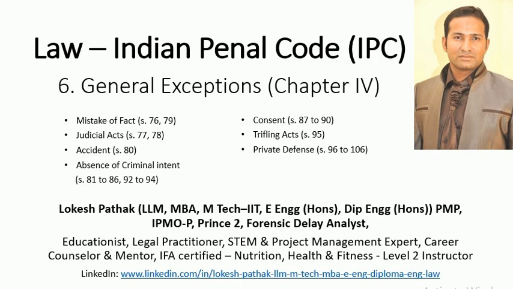So if a minor less than 7 years of age does an act, it is no offense. Section 83 says that a child between 7 and 12 years of age, if he has not attained sufficient maturity to judge the nature and consequences of his conduct, then that act will not be considered an offense.